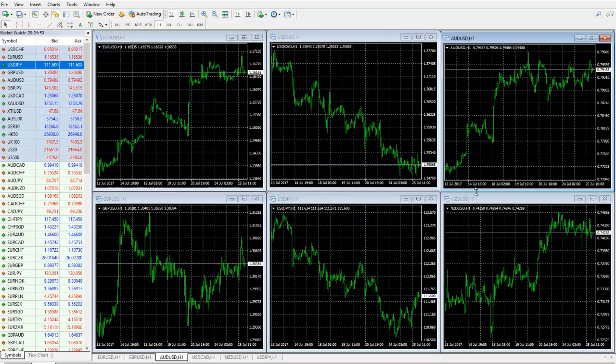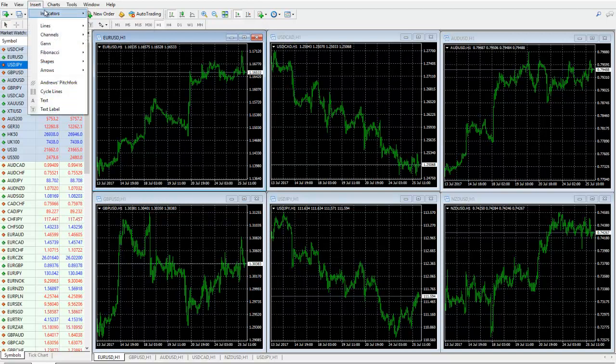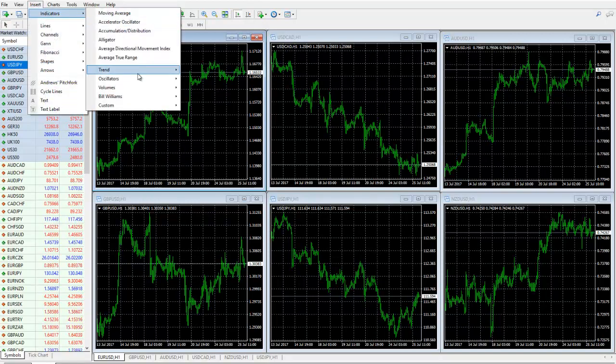The idea is that on one of my screens I always have these 6 pairs to know which one is strong and which one is weak at the moment. Later in the course I will show you a great indicator for that, but first of all I want you to catch the idea. What I will do now, I will put one indicator, and simply this is the 21 EMA.